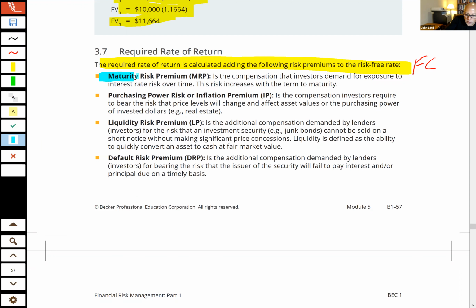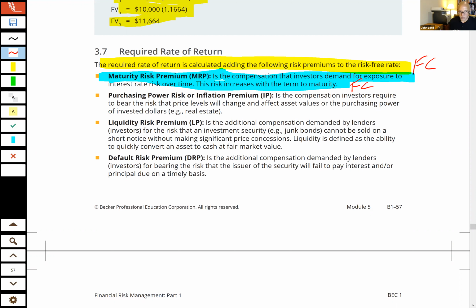Okay, so let's just take a look. We have a maturity risk premium, and it is the compensation investors demand for exposure to interest rate risk over time. The risk increases with the term to maturity. That's why we should flashcard that you're going to add to the risk-free rate, which is usually the federal bills, notes, and bonds interest rate, a maturity risk premium.